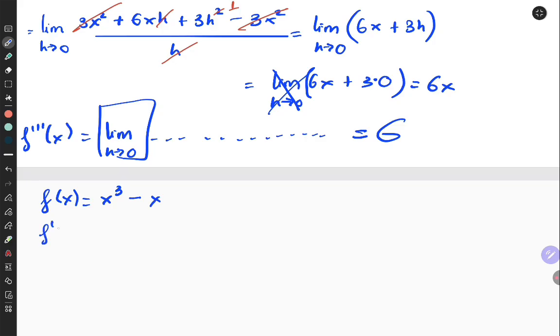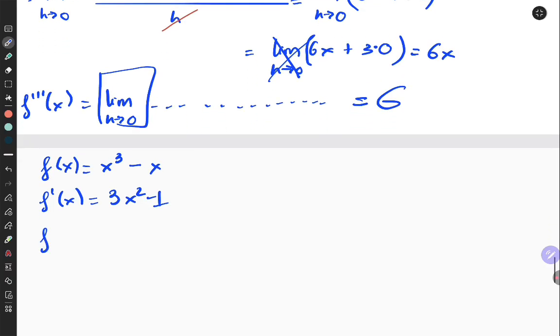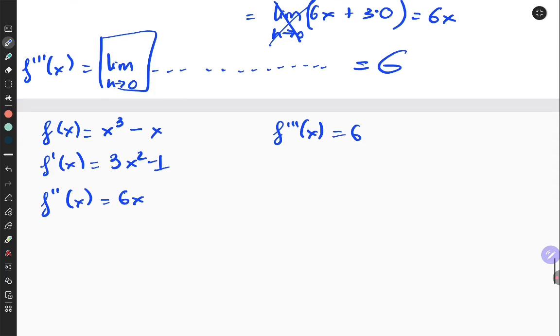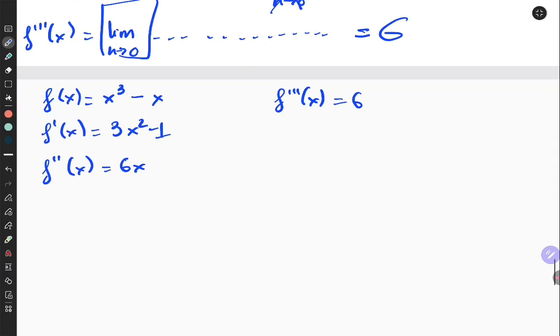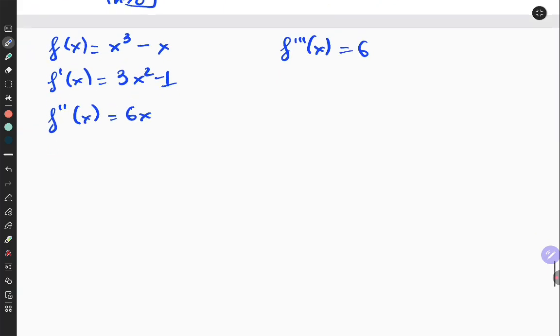I have the first derivative, 3x squared minus 1, the second derivative, 6x, and finally the third derivative, just the number 6. Your answer in terms of equation has to be consistent with how you plot these.